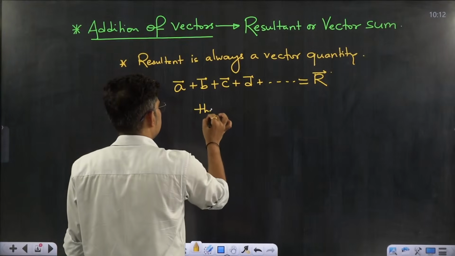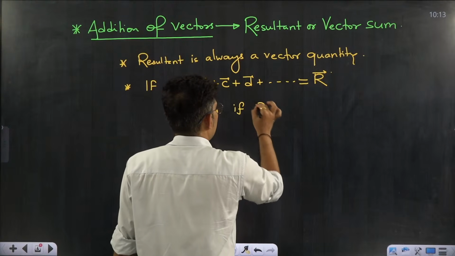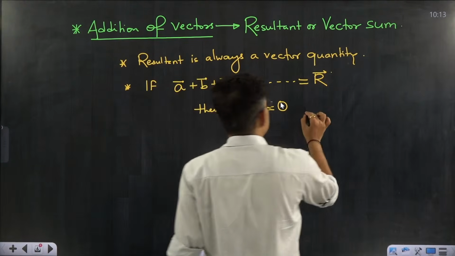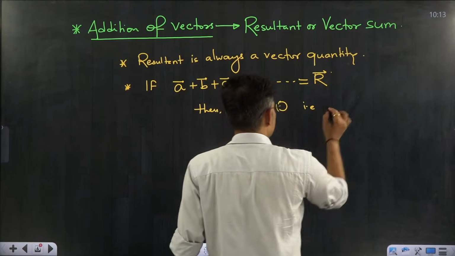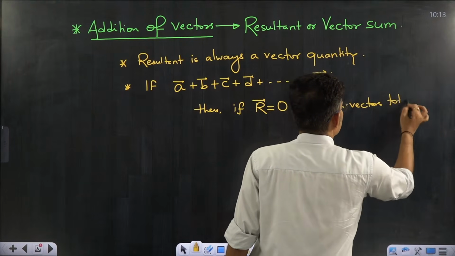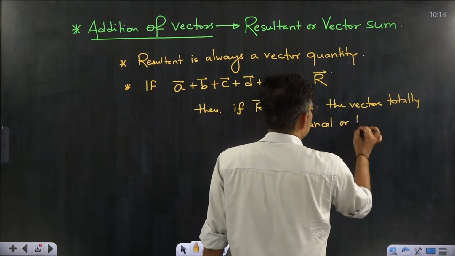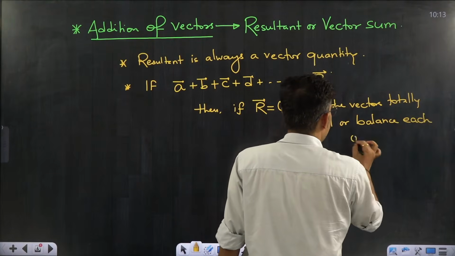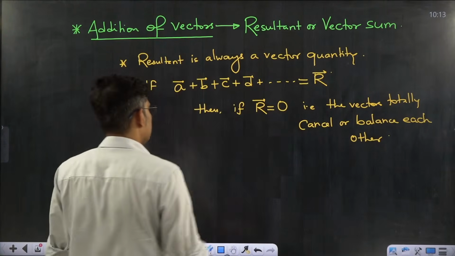Then suppose R vector comes 0, that is, the vectors totally cancel or balance each other.